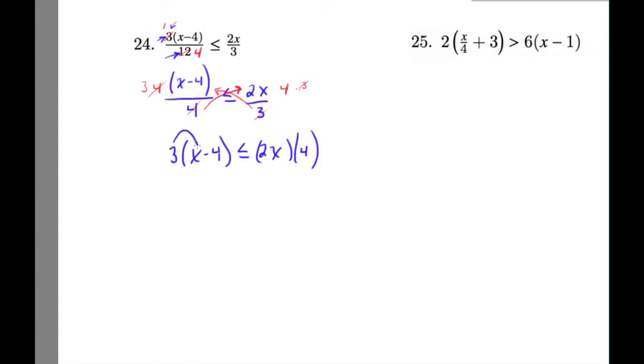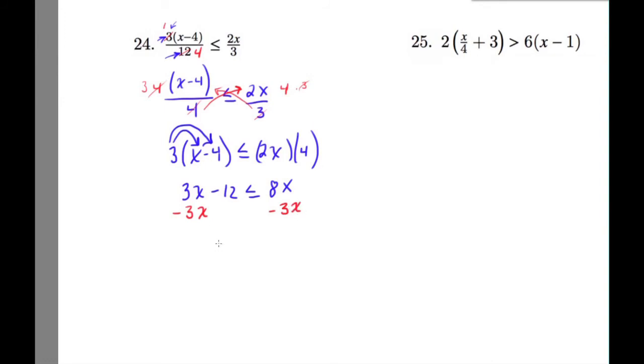So now I need to distribute the 3 on the left side. 3x minus 12 is less than, and I need to multiply here, so I get 8x. Now why don't we bring the 3x to the left by subtracting it from both sides. Bring it from the left to the right.